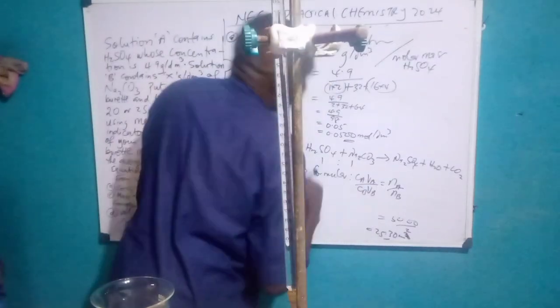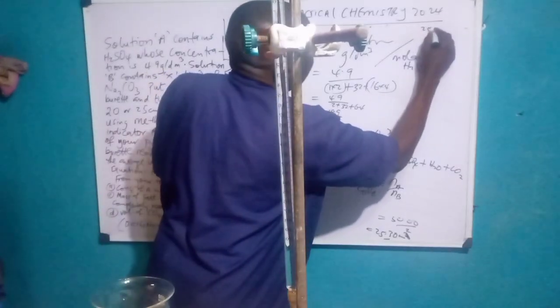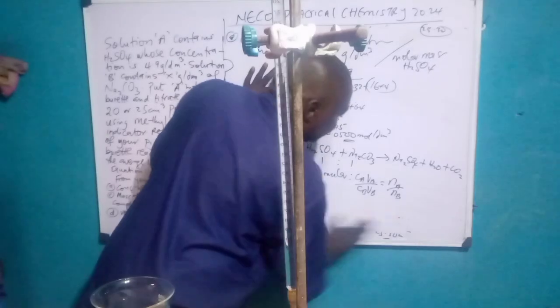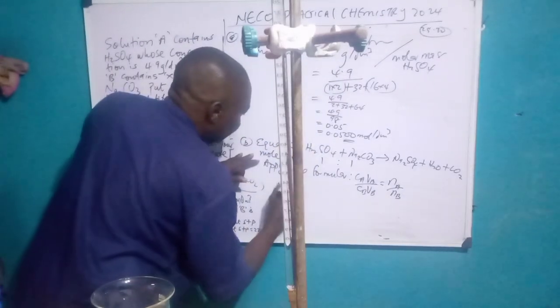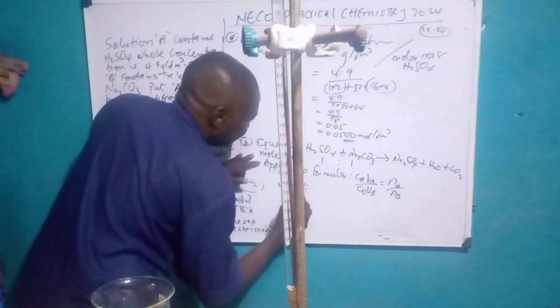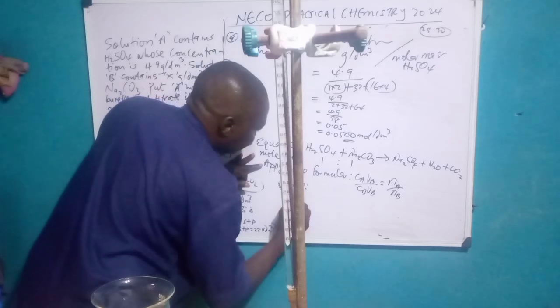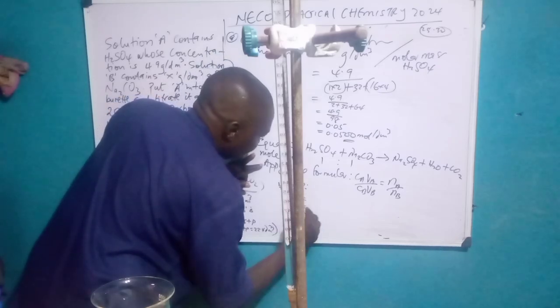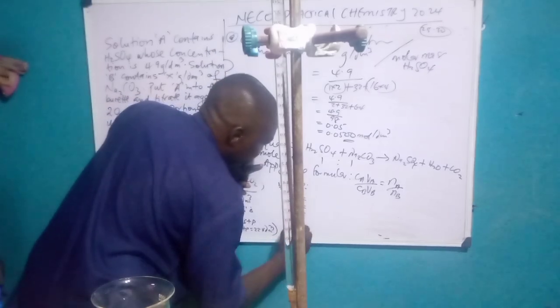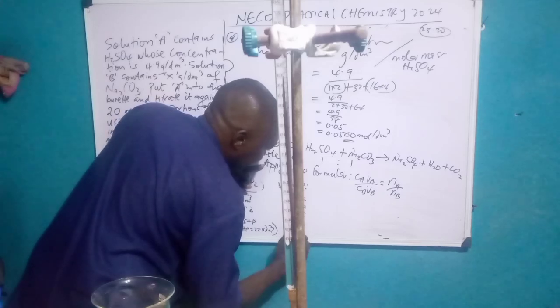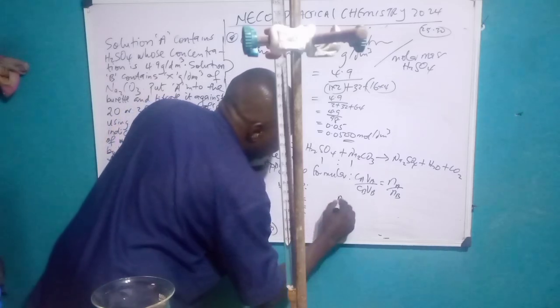So let's write this value out, 25.30. That's the value, so we can clean this. Where, if you write this, it is easier for you. You hardly fail it. Ca, Cb, Va, Vb, Na, Nb.